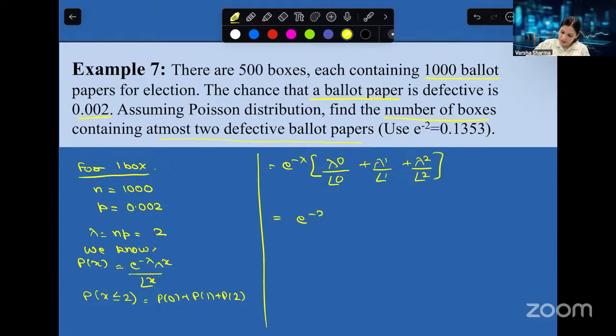This is e power minus 2, 1, 2, 4 by 2. The answer is 0.676.